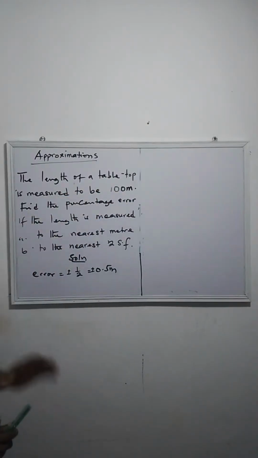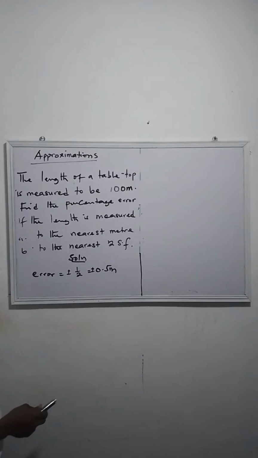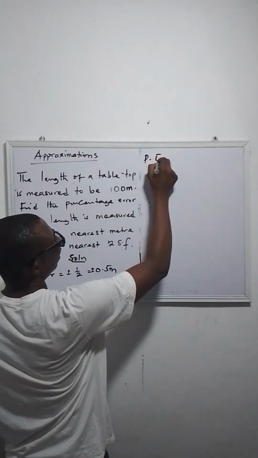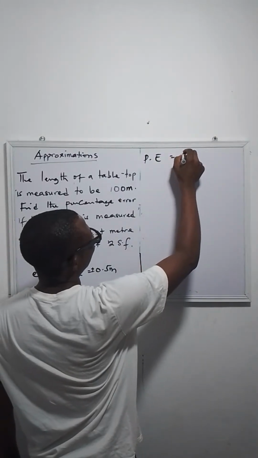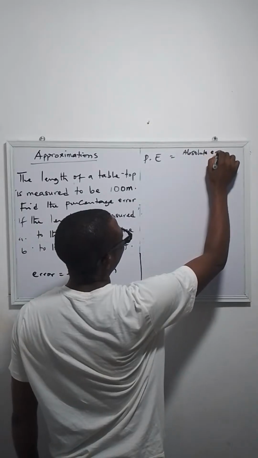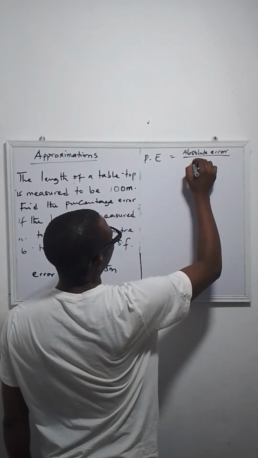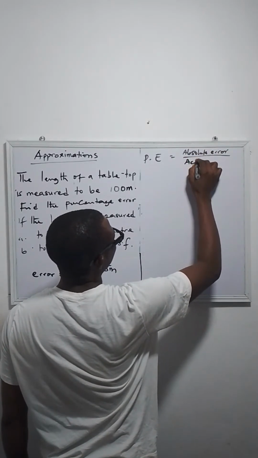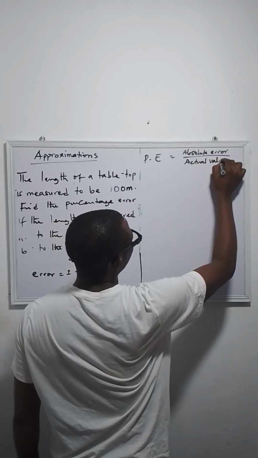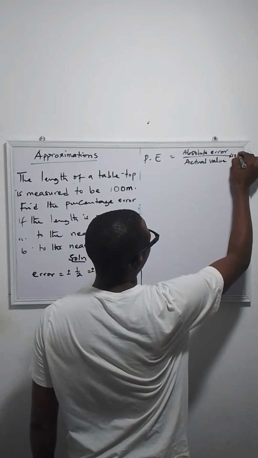So now to get the percentage error, we have percentage error is the absolute error over actual value times 100%.